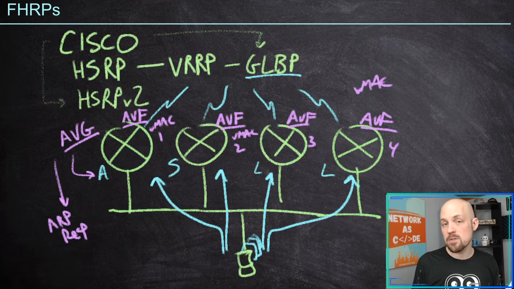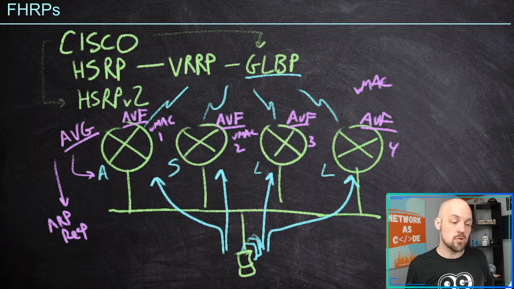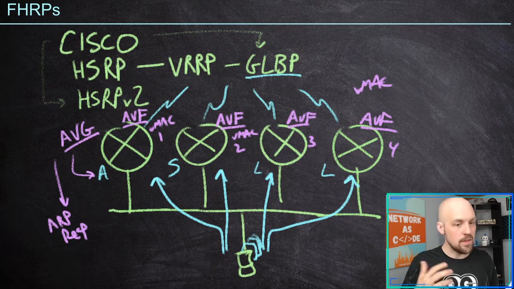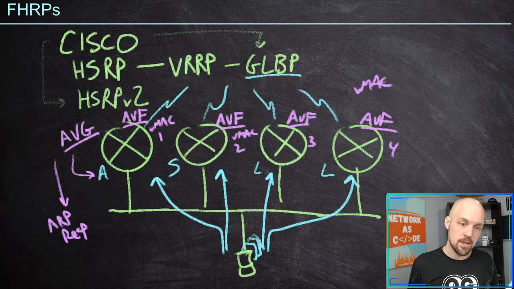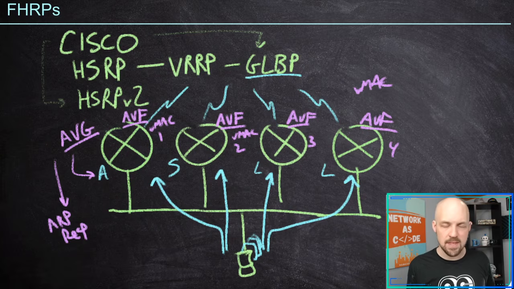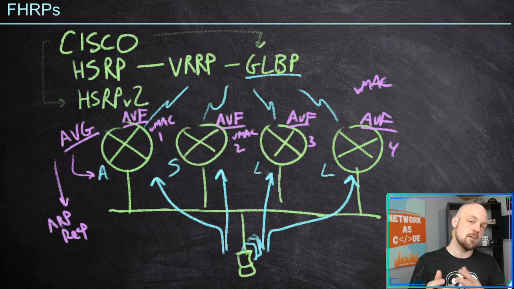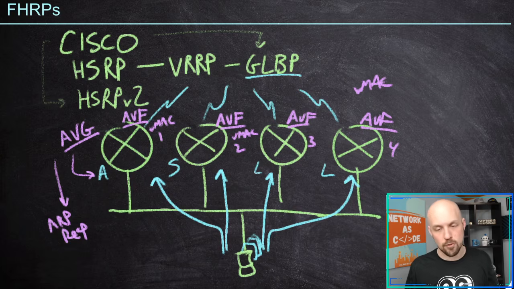So a host comes online, a host ARPs for the default gateway, the AVG is going to respond with, let's say, virtual MAC address 1. Then the next PC ARPs for it, and AVG responds with virtual MAC address 2. And then another PC, same thing, ARP request, ARP response comes back, virtual MAC address 3. Fourth machine fires up, does an ARP request, ARP response is virtual MAC address 4.